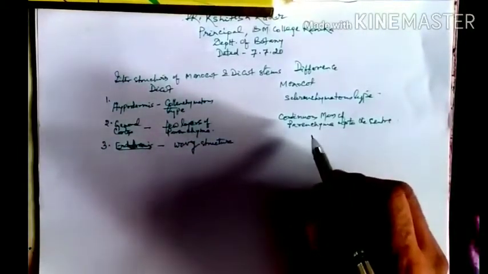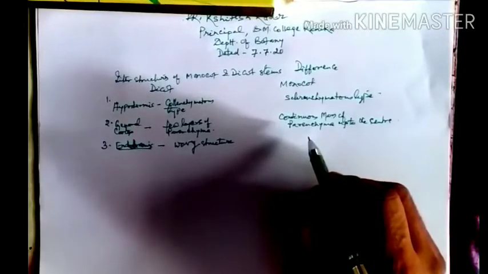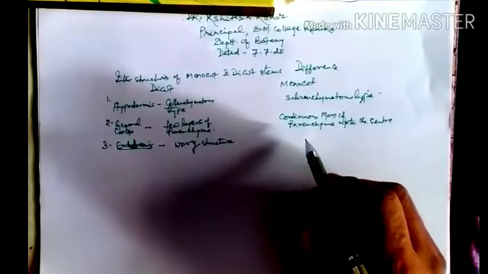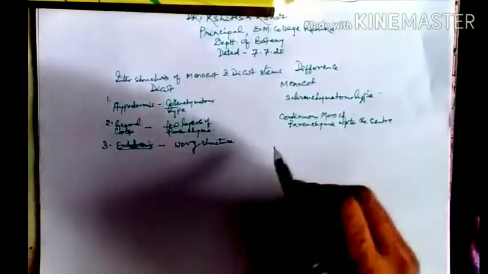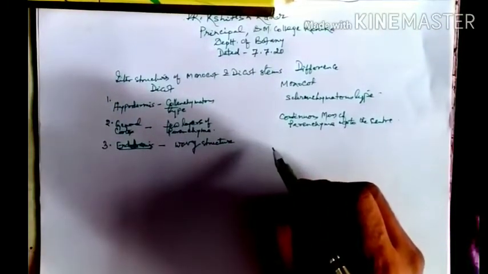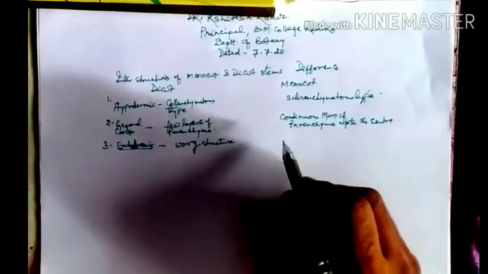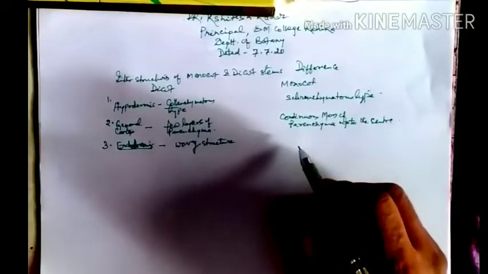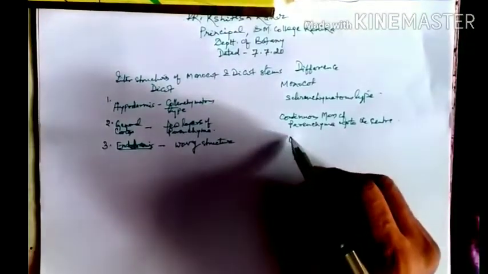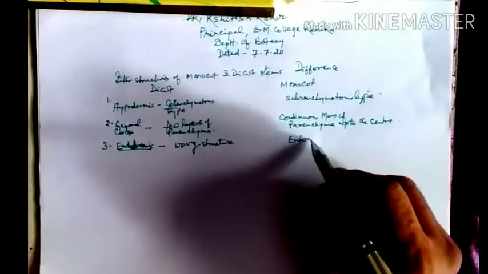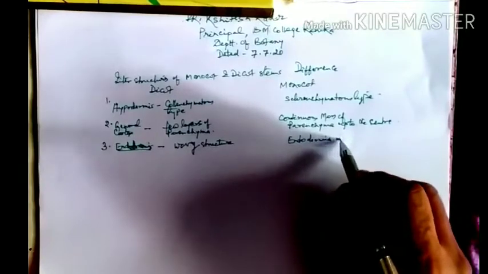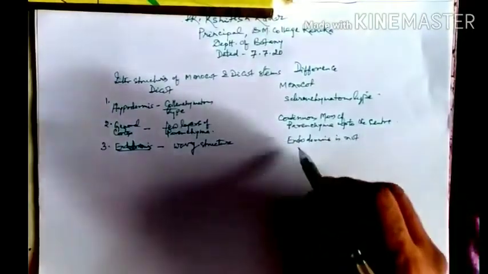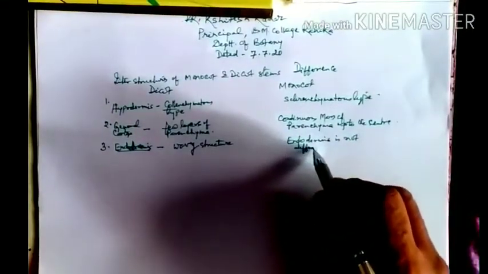Here in the monocot, it is not found. Endodermis is not differentiated, as we have seen in the TS of maize stem.